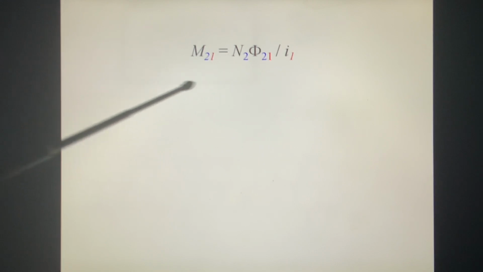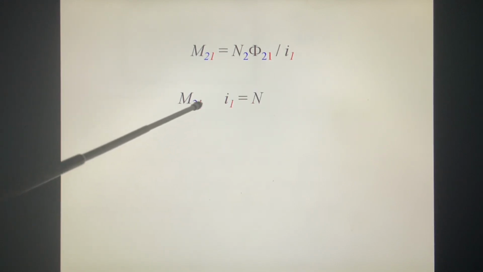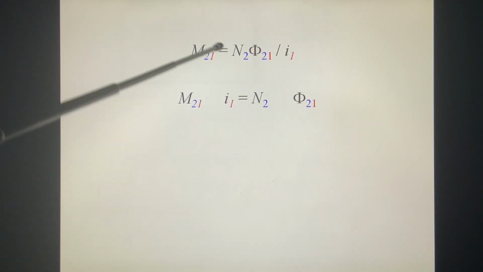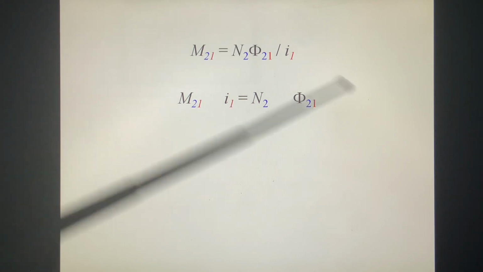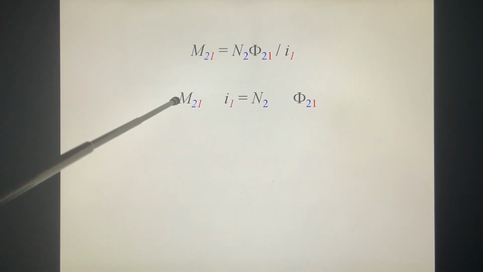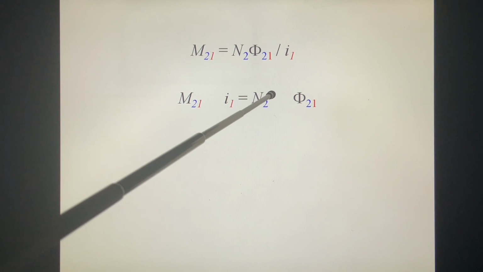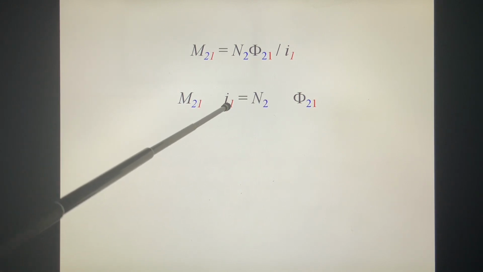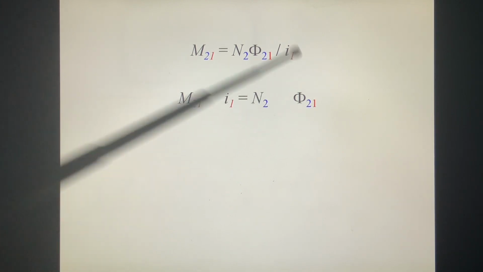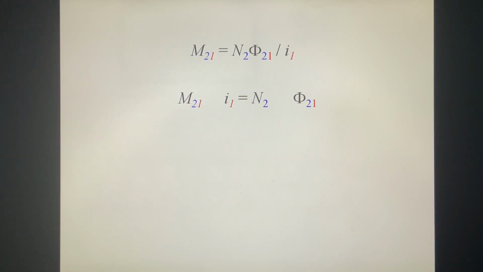And we know that M21 multiplied by I1 equals N2 phi21. M21 is a constant, N2 is a constant. I1 can change, so phi21 can change. We take the derivative with respect to time t on both sides, and we have this relationship.